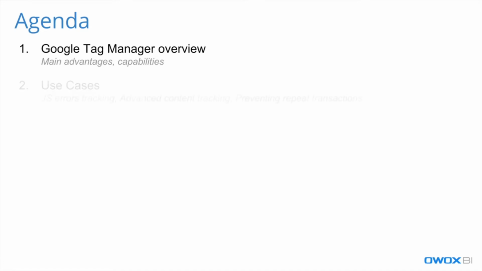So what agenda do we have for today? First, we'll make a short Google Tag Manager overview. We'll show you some advantages and capabilities of the service. Then we'll share some use cases with you, which we have been implementing for our clients and for our own projects.